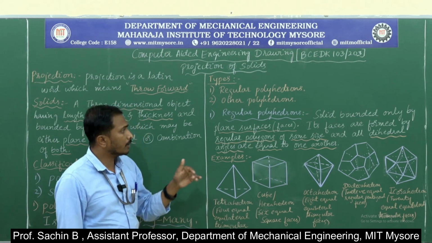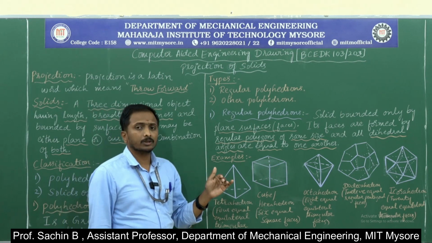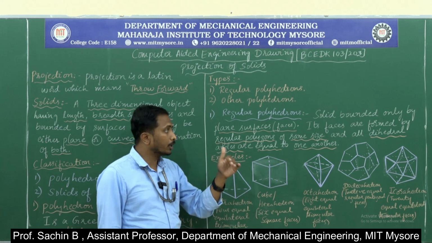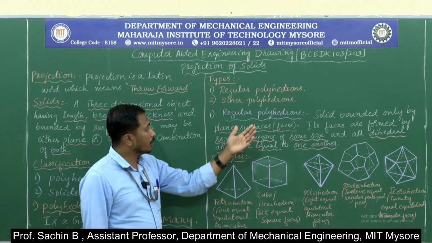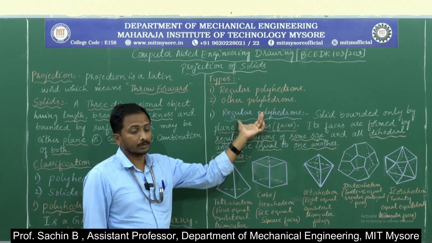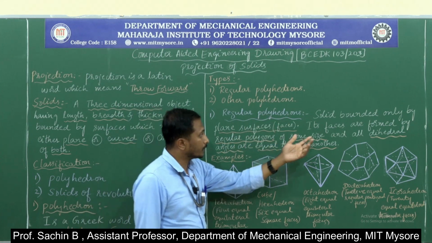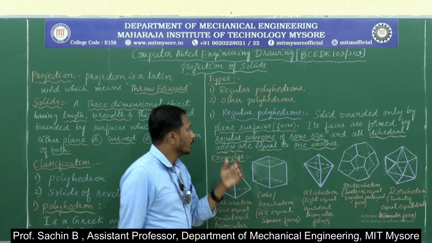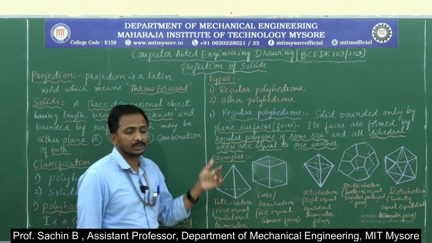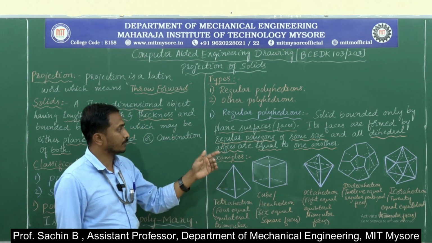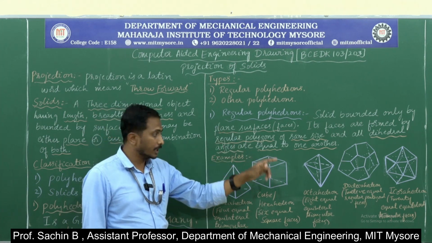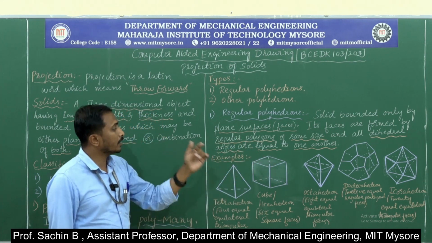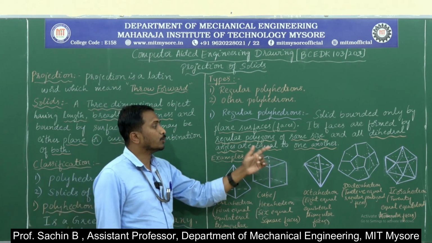Polyhedrons are nothing but solids. We already know about it. It is one of the classifications under solids. Now we are talking about the regular polyhedrons. A regular polyhedron is a solid bounded only by plane surfaces. Its faces are formed by regular polygons of the same size and all dihedral angles are equal to one another.